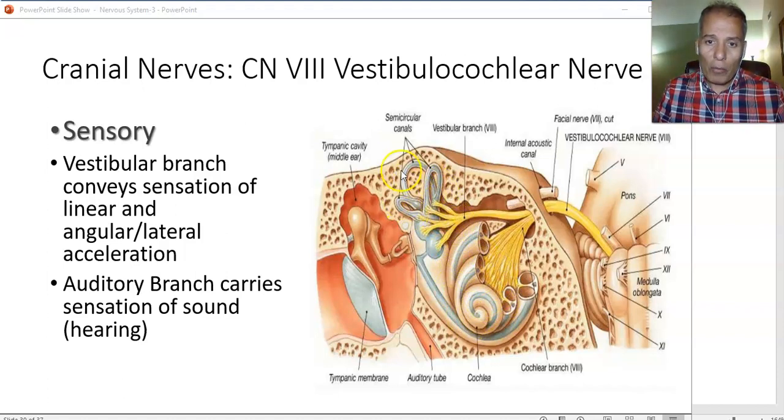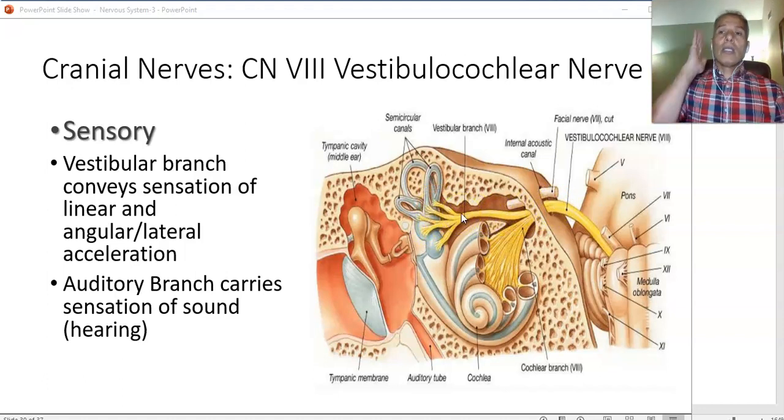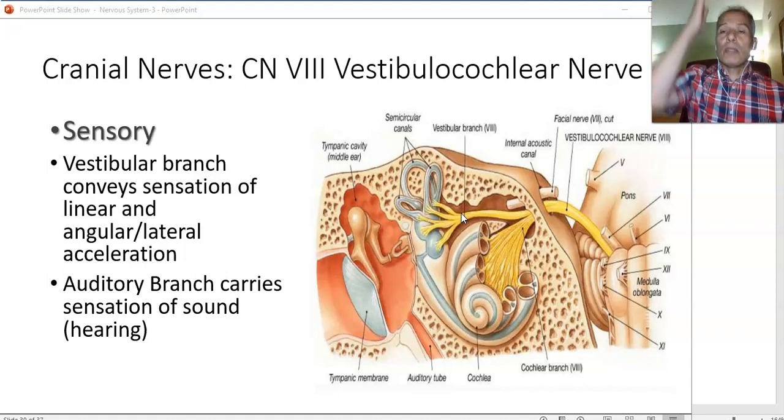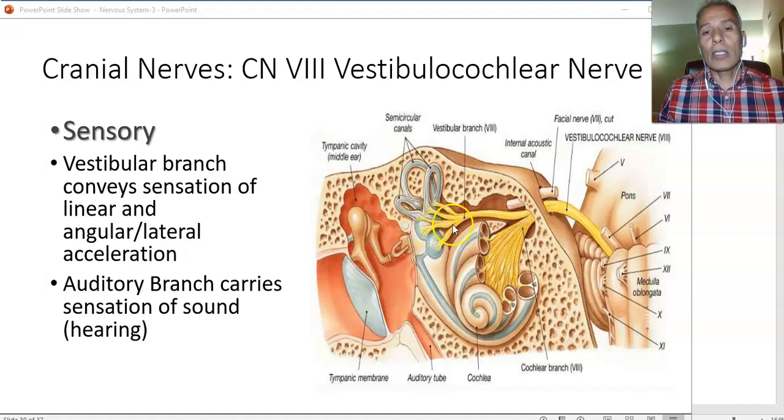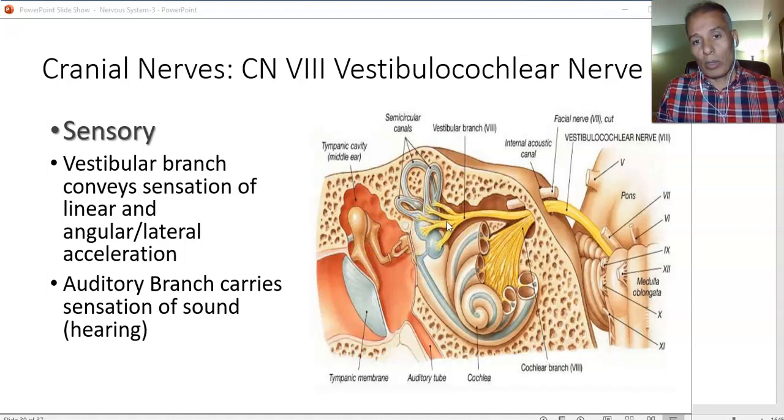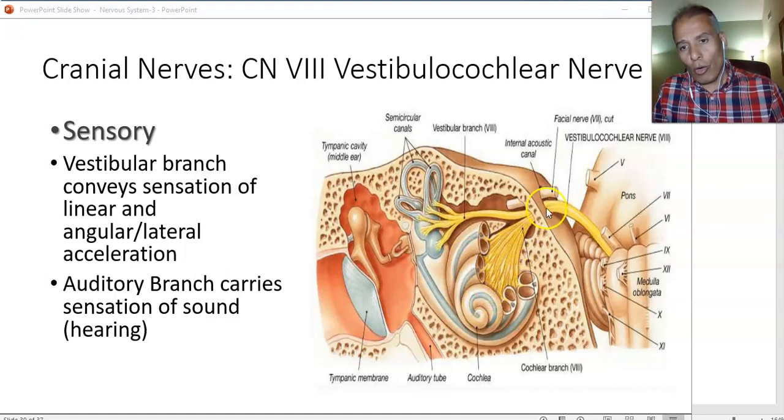From the vestibular, from the 3 semicircular canals and the vestibule, you have the vestibular nerve coming out to give you sensation of movement in multi-dimensions, front, back, up, down, sideways, acceleration in different parts of space.